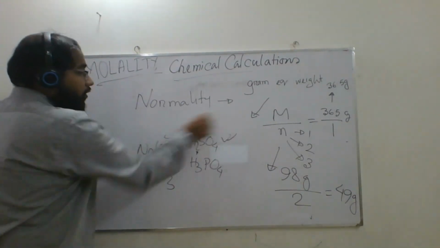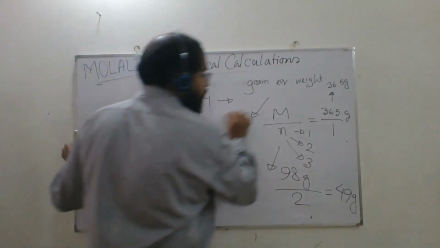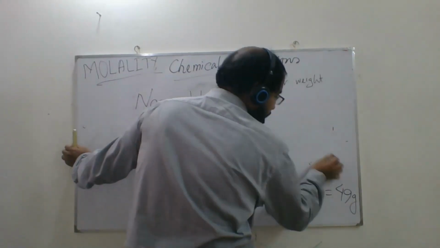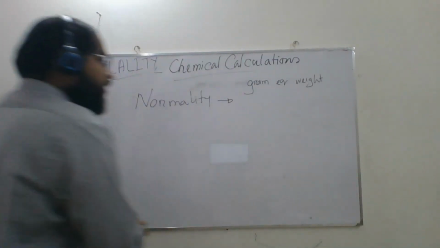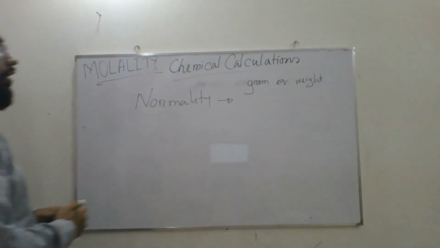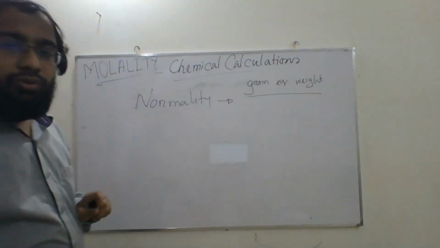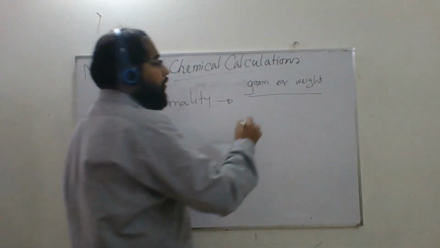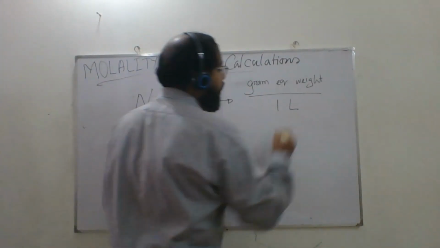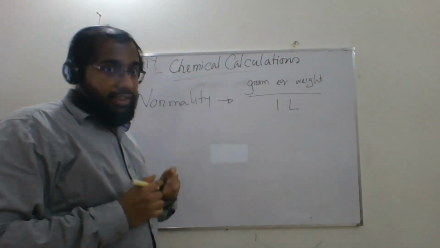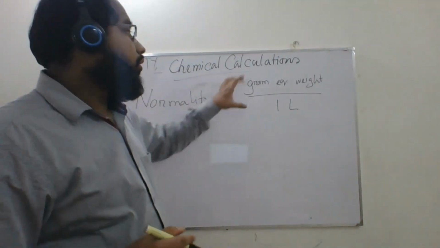Now again come to the definition of normality. In the definition of normality, we said that the gram equivalent weight amount of any substance dissolved per unit volume of solvent. That means again volume, like molarity.